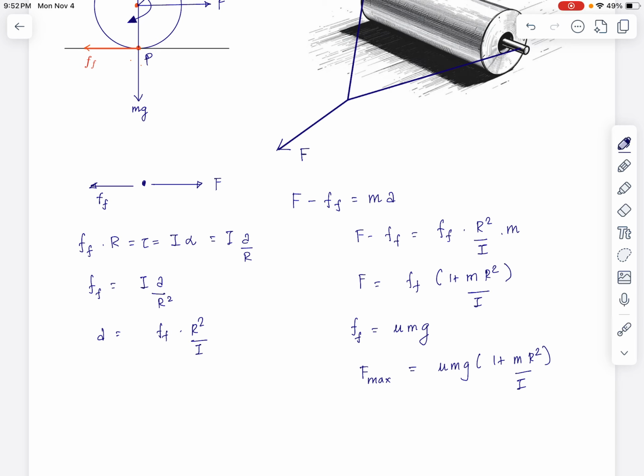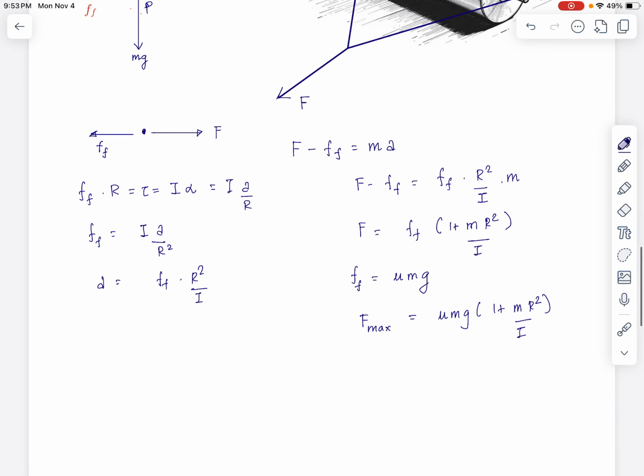Now if you have a proper cylinder, I equals m r squared divided by 2. So F max equals mu mg times 1 plus m r squared divided by m r squared over 2, and here these cancel out.